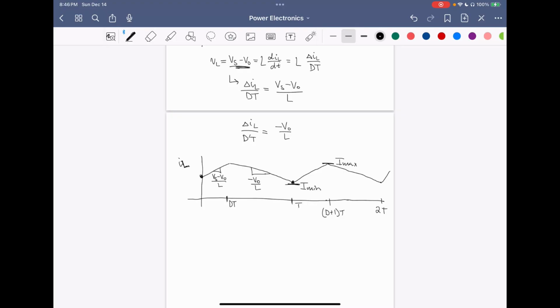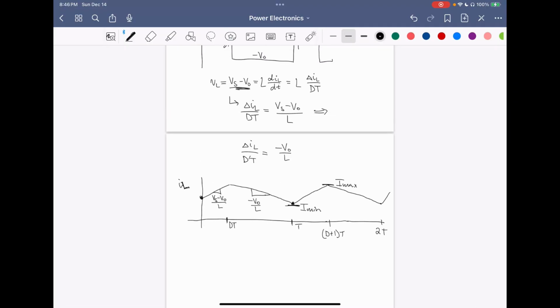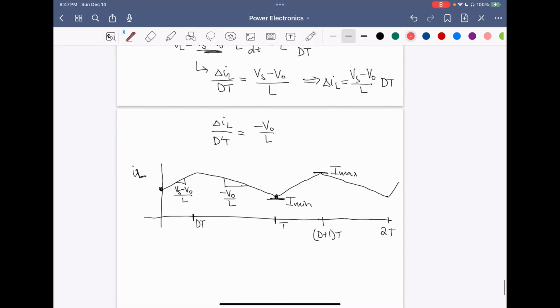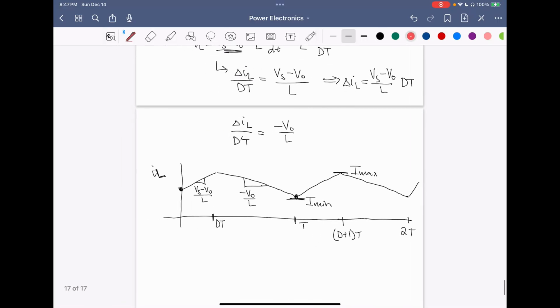From this equation, we can derive that the change in inductor current IL over the dt interval is equal to Vs minus Vo over L times dt. So in the dt interval, the inductor current increases by this amount.